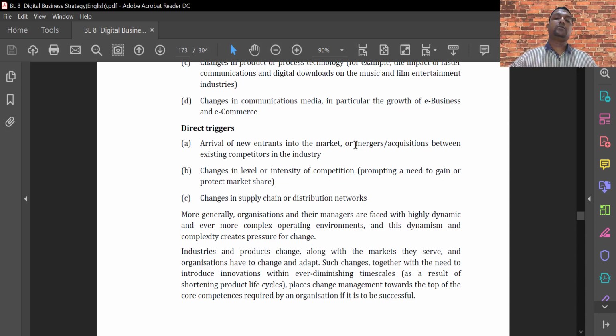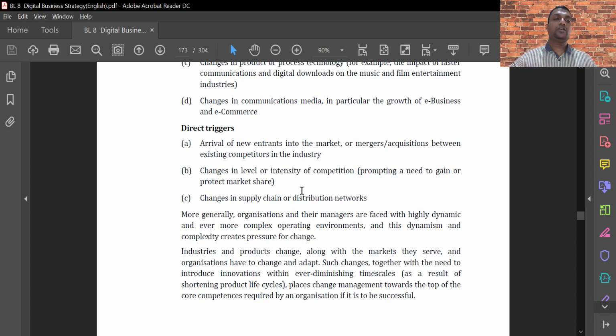Or when other organizations join and some other organizations buy several organizations, then it will create a new competitor for you. So it's a direct trigger. Changes in level or intensity of competition. Some organization who did not compete aggressively with this organization earlier, but now have started competing aggressively.